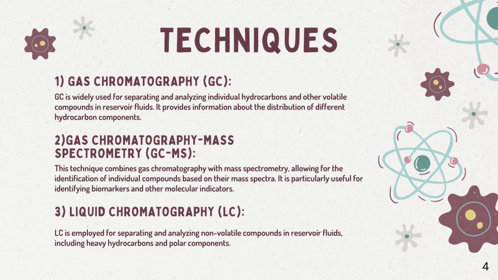This one is employed for separating and analyzing non-volatile compounds in reservoir fluids, including heavy hydrocarbons and polar components. It is different from gas chromatography, which is for volatile compounds, while liquid chromatography is for non-volatile compounds.